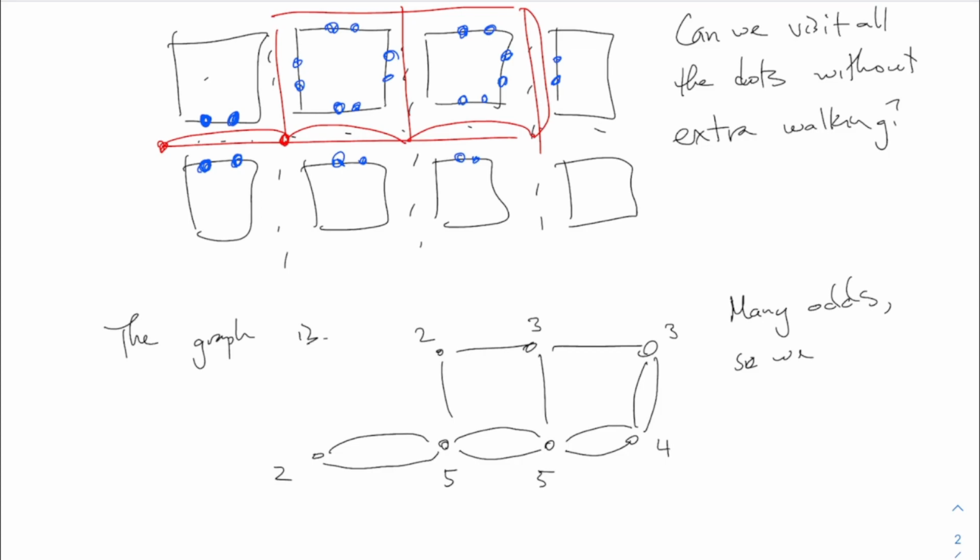So we will need to repeat some of these edges. All right, some of these edges are already kind of representing repetitions of individual roads. So that means we are actually going to have to walk down extra stretches of the road where we've already delivered all of the parcels. All right, we will need to repeat some edges.